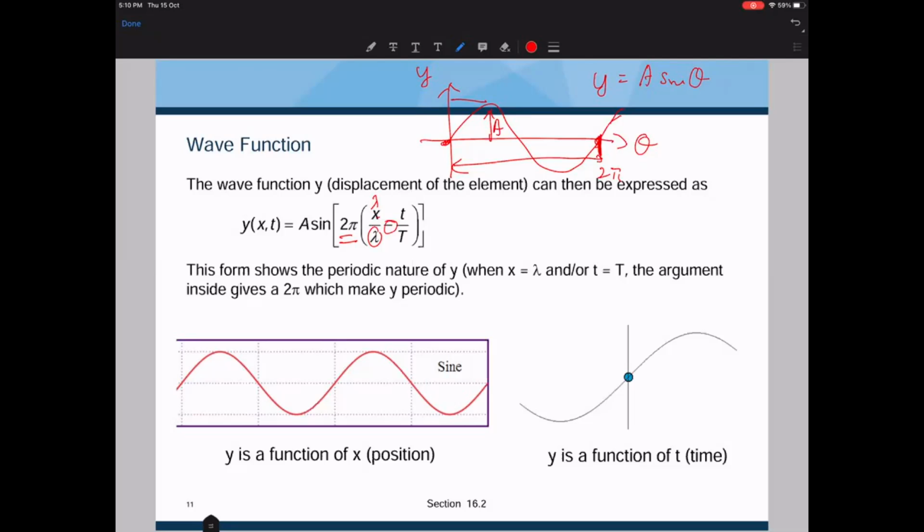If it travels from the left to the right, y equals A sine, I better write it again.